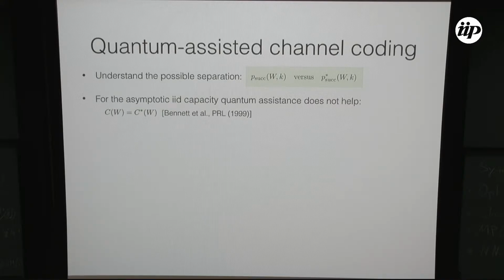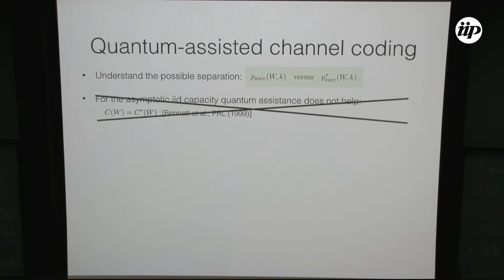It's a well-known result in quantum information. This might be a bit discouraging, because maybe this question becomes trivial, and the quantum entanglement assistance is actually useless. But I'm not interested in this setting.